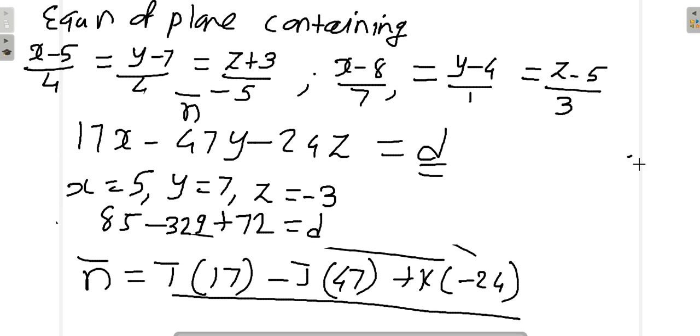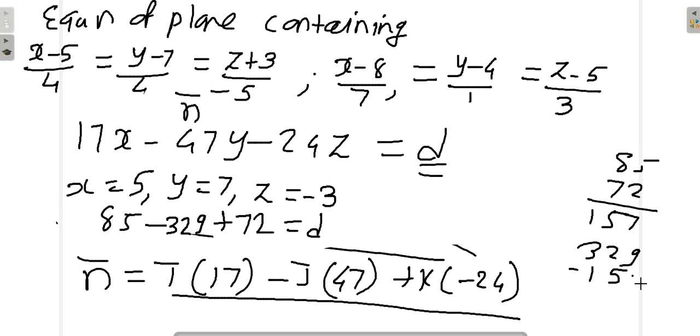So let's find d here. So the value of d is minus 172.